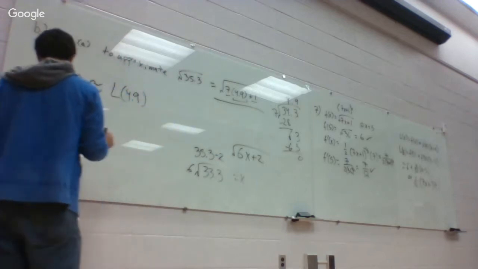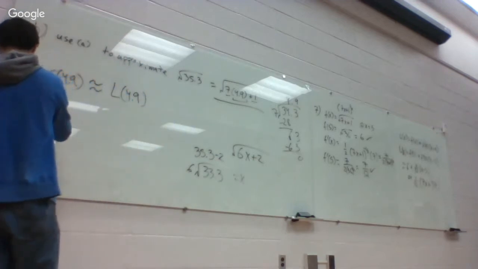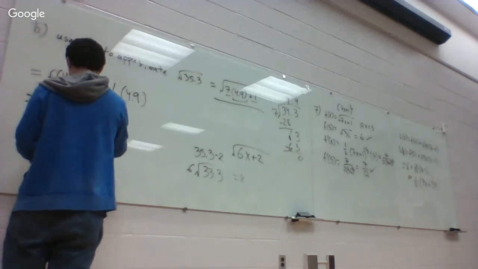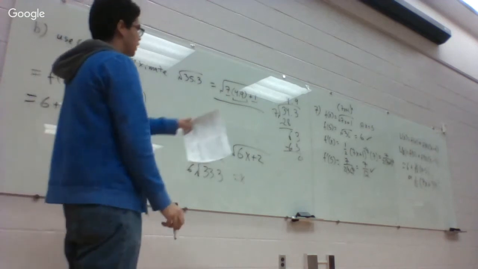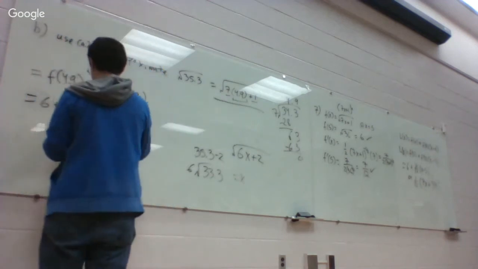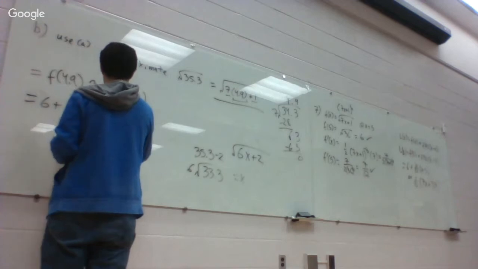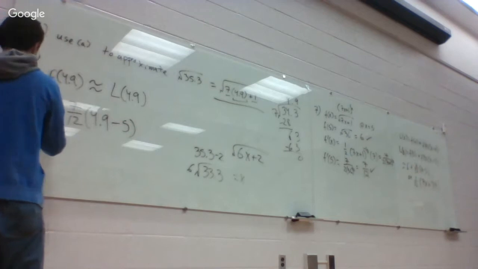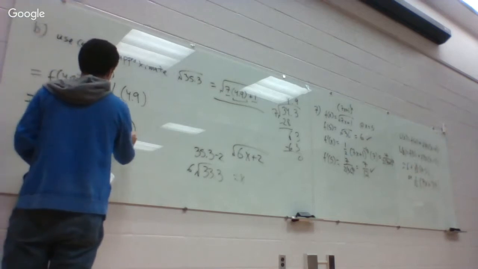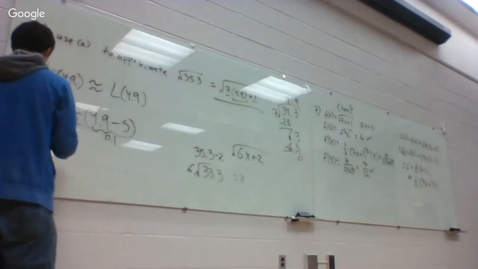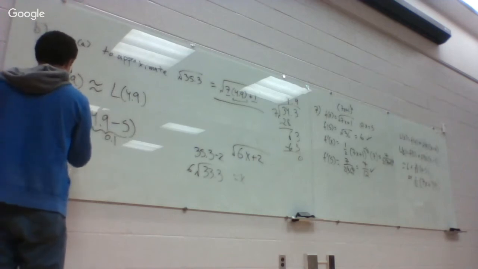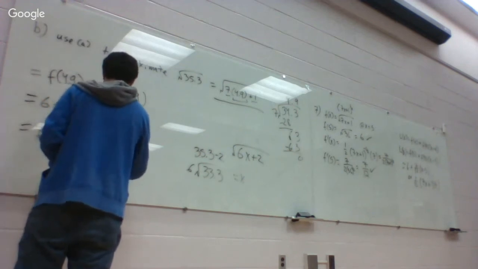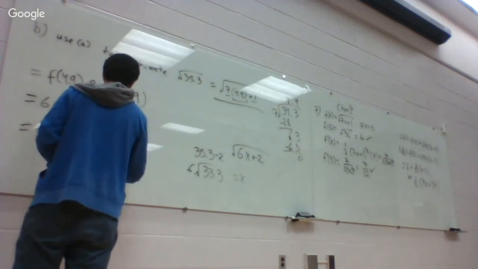And then we have that equation, that's equal to 6 plus 7 over 12 times 4.9 minus 5, that's equal to 6, this is equal to 0.1, so 6 minus 7 over 120, that's 713 over 120.